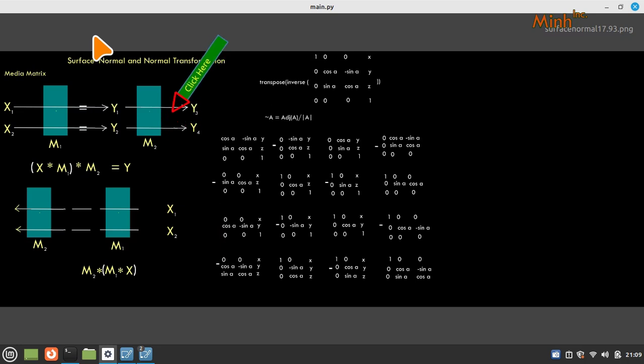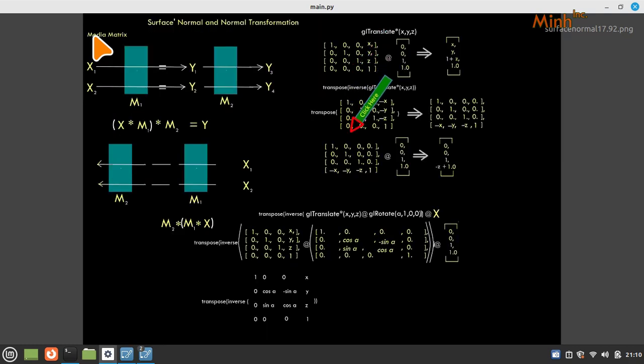So what is the inverse of a matrix? That is the adjugate of the matrix divided by its determinant. That is the inverse. This is called the cofactor. So the cofactor of the matrix we have written this big. This is the matrix we have received after multiplying translation and rotation.